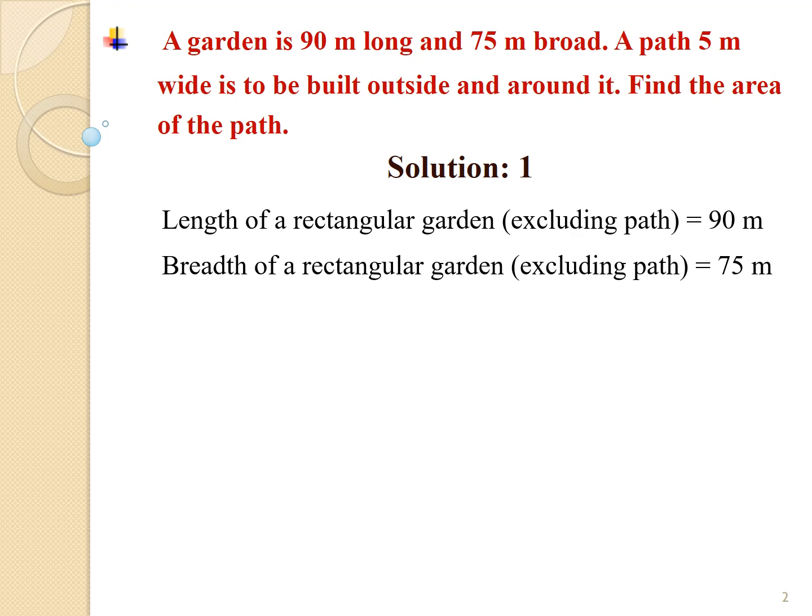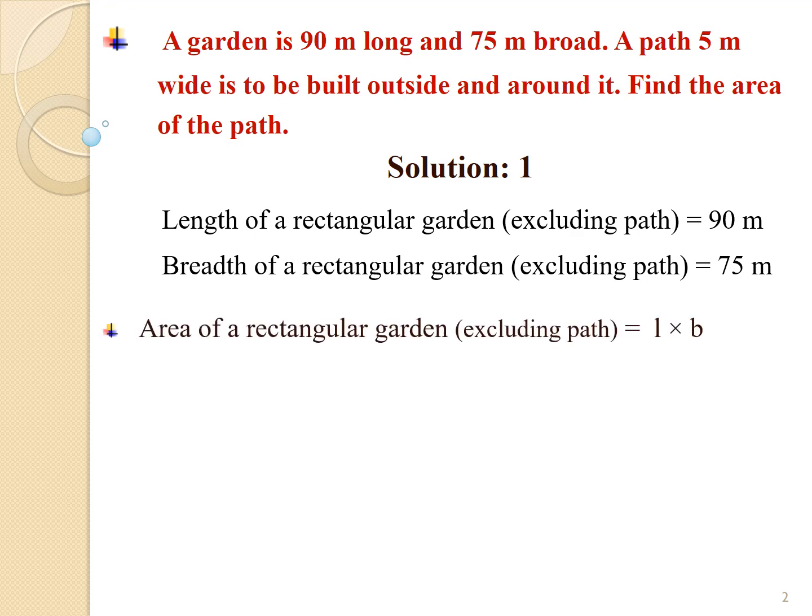Therefore, area of the rectangular garden excluding the path is equal to how much? We know that area of a rectangle is equal to length into breadth, which is 90 into 75.